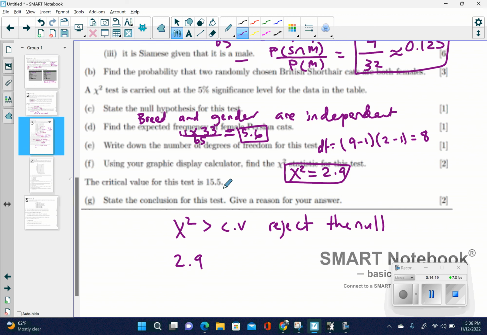Compared to 15.5, the chi-squared is less than the critical value, which is 15.5. So we do not reject the null. Therefore, breeds and genders of the cats are independent of each other. Okay, that is our final answer for that.